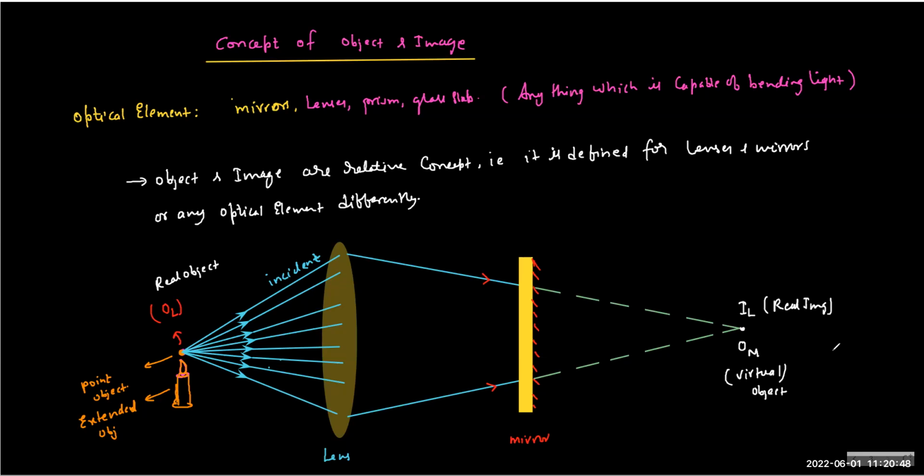Understood? So this image is the actual or real image of the object made by the lens. Is it clear? And we can also realize that the image of the lens is basically a virtual object of the mirror. Okay.